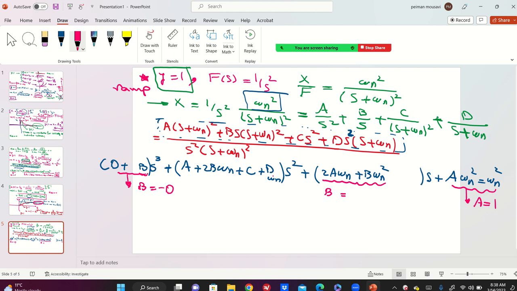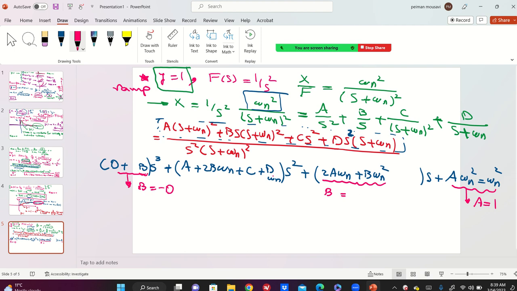B d, that's right. For s squared it's going to be a plus b 2 omega n plus c plus d omega n, right? Now 2a omega n plus b omega n squared. There's no s. Okay, wait.